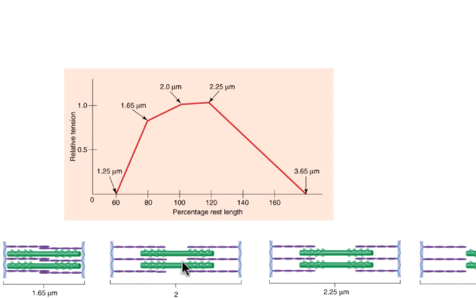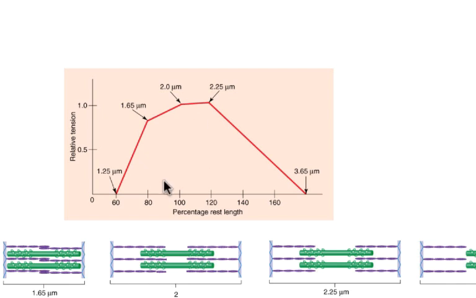In this length, every head of the myosin is aligned with one actin. The alignment is perfect between the head of the myosin and actin, and as a result, if you stimulate this muscle in this length, you're going to create the maximum amount of tension because every head of the myosin can connect to one actin, and that is called the length of optimum.